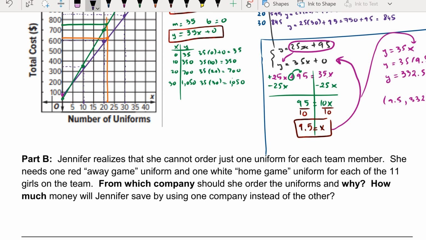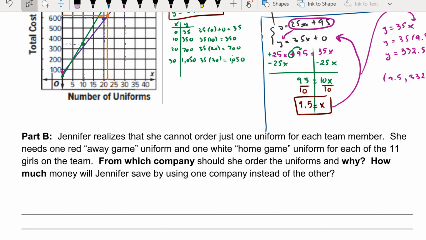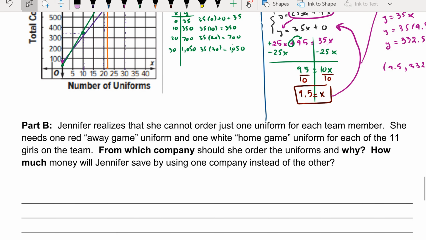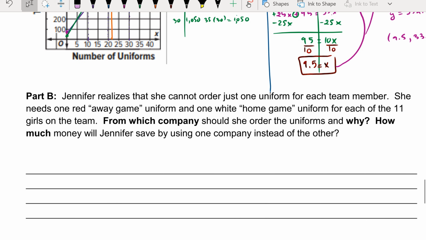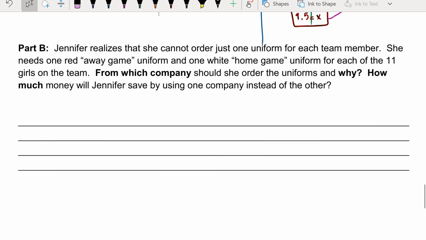To know how much she exactly has to pay, we need to plug it in.